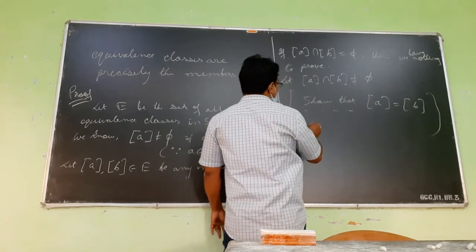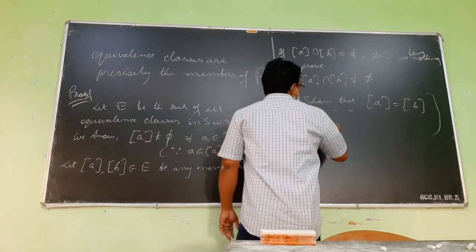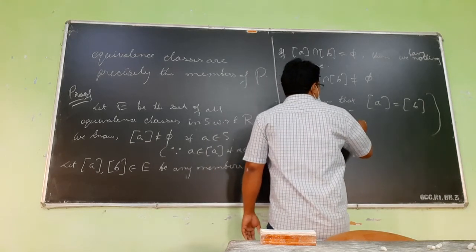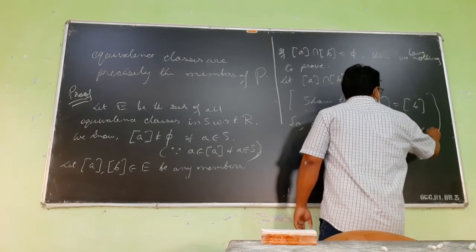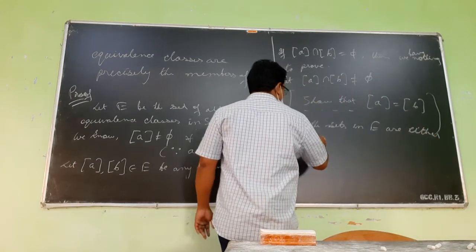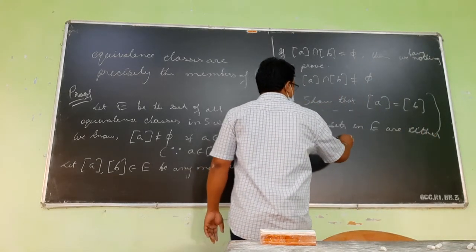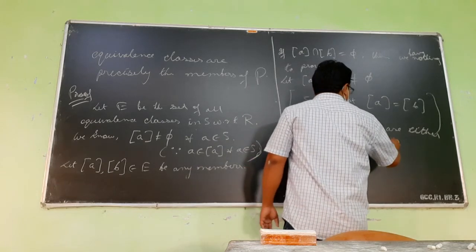After that you can write: the sets in E are either disjoint or identical.